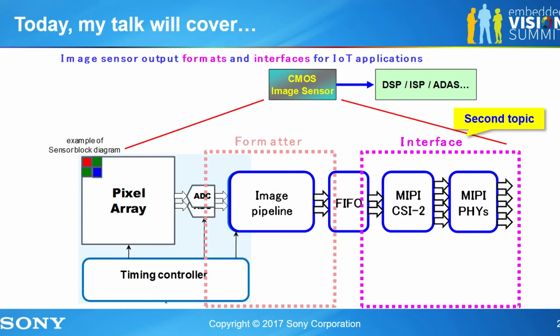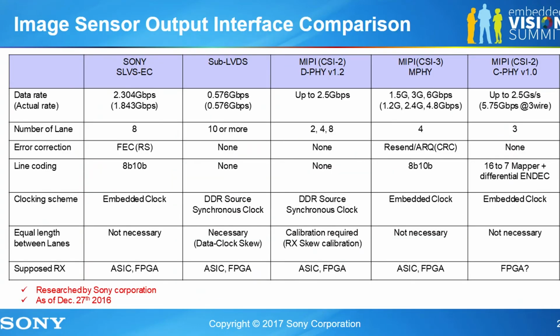Okay, so next topic. I need to go first into the interface, the output interface. I won't go into the details, but as you may know, there are a lot of choices even in the interface for the image sensor output. There are a lot of proprietary interfaces as well, and even Sony has a proprietary one.